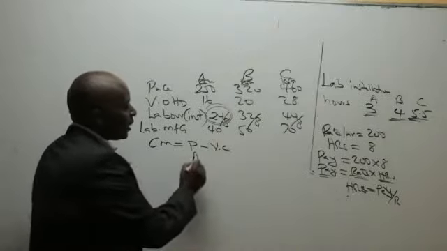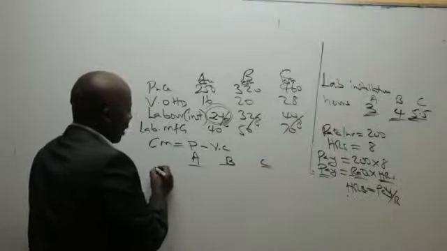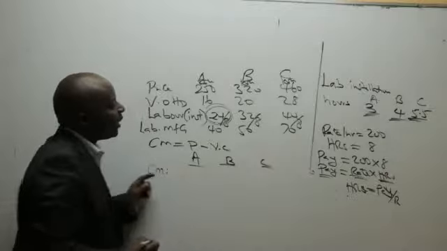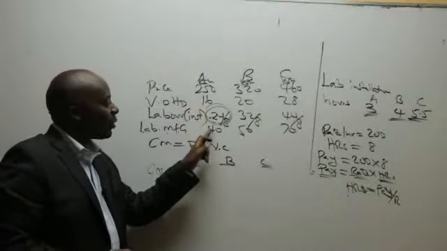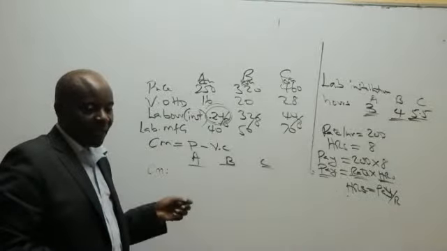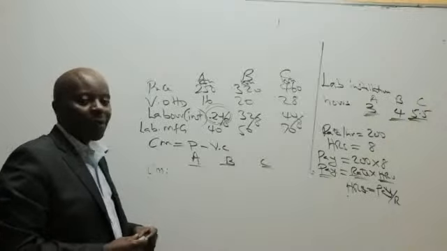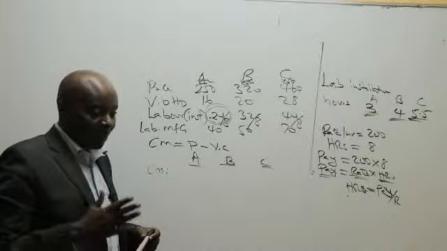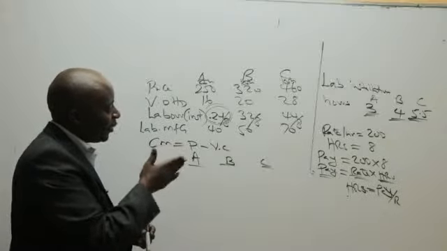So we have product A, product B, product C. Are you able to see the contribution margin for A? For A, I'll take 250 minus all these variable costs. Remember, labor and variable overhead will be variable costs. By the way, in this question, have I skipped material cost?